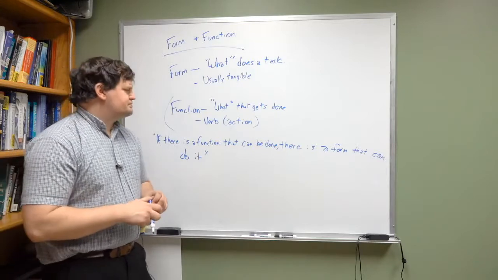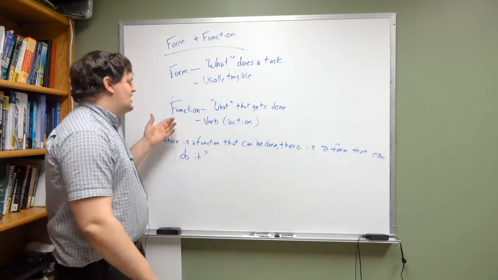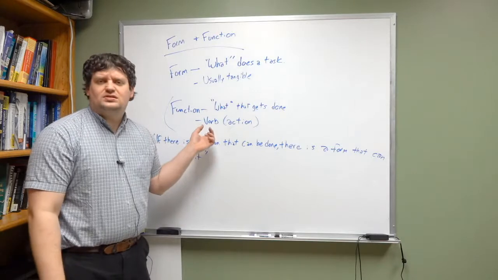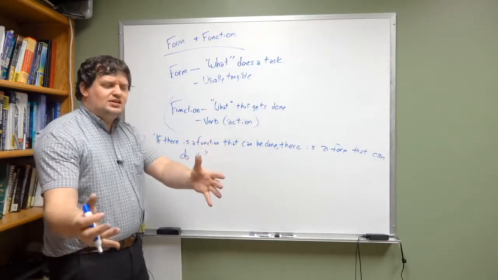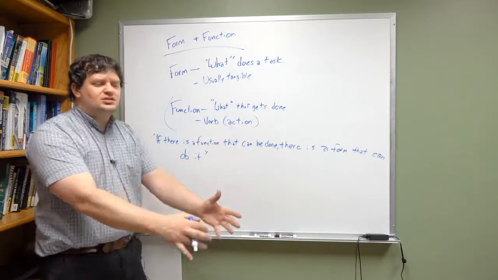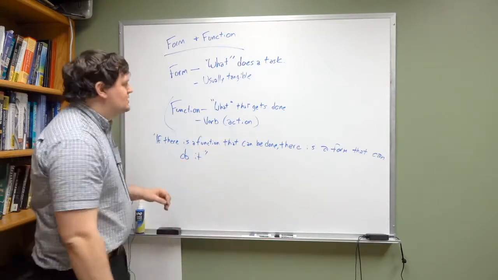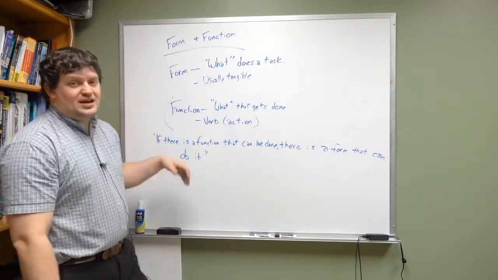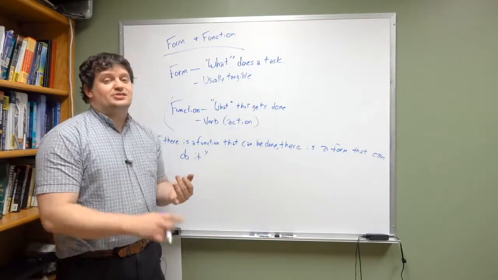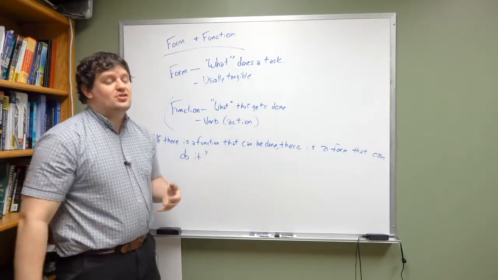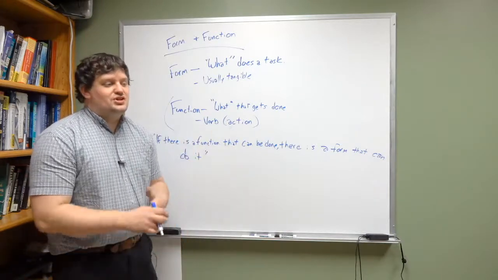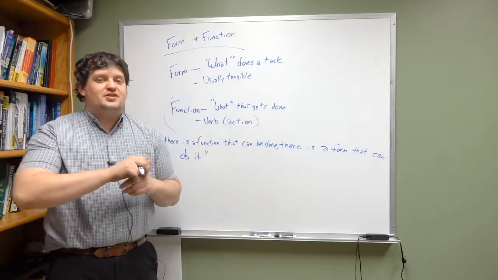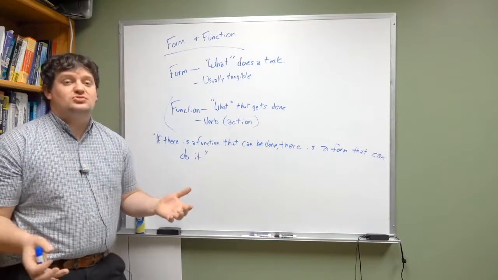Now, the function there is, I need something that closes a gate. I need something that causes a gate to go from an open state to a closed state. For the form, there are pneumatic cylinders, electric cylinders, hydraulic cylinders, spring-mounted actuators, a bunch of different available systems that could do that.